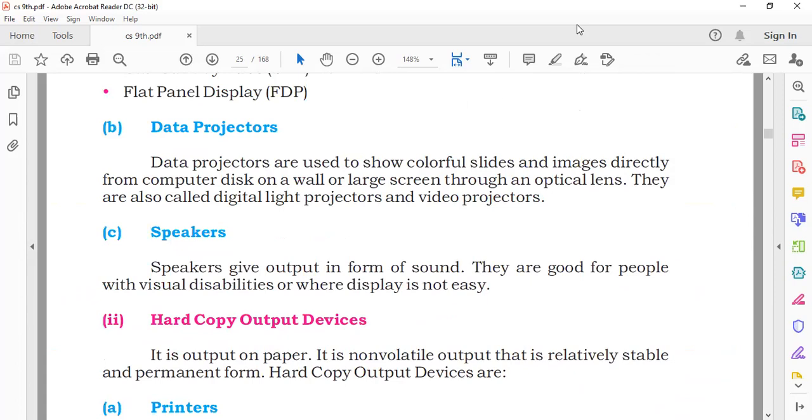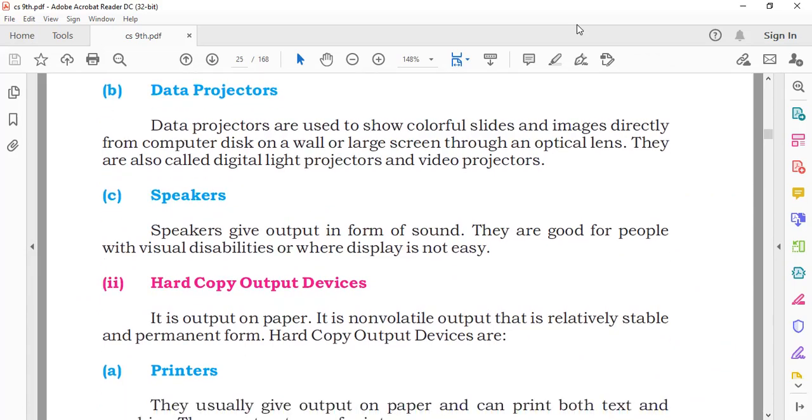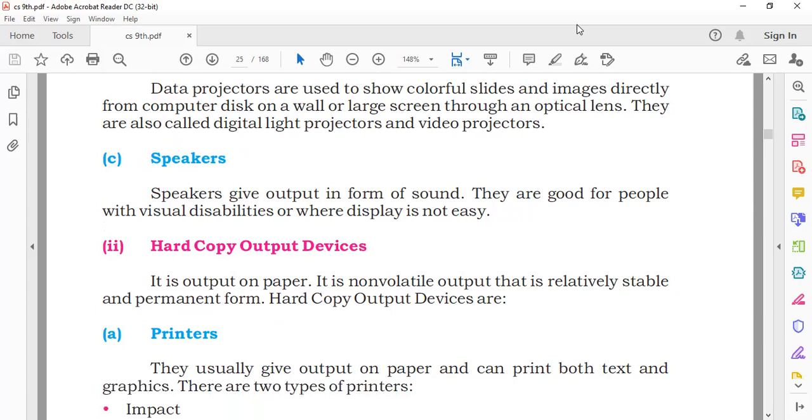Data projectors show colorful images that can be directly displayed on a large screen through an optical lens. They are also called digital light projectors and video projectors, and they are usually used in professional or business meetings to show content to an audience sitting in front of a large screen.